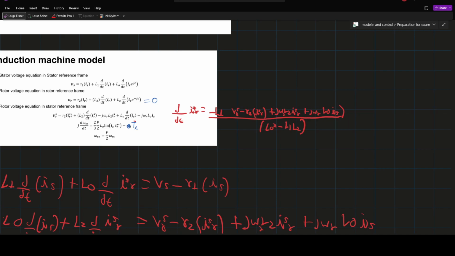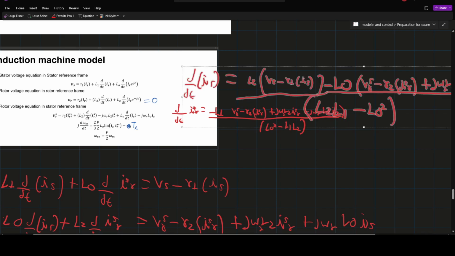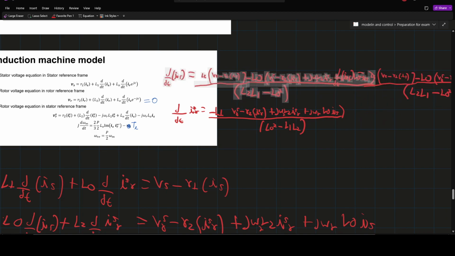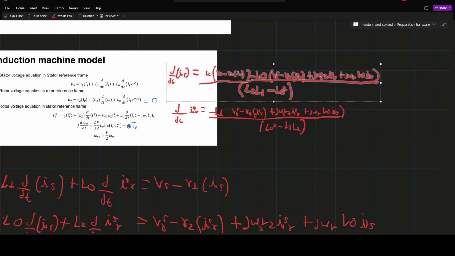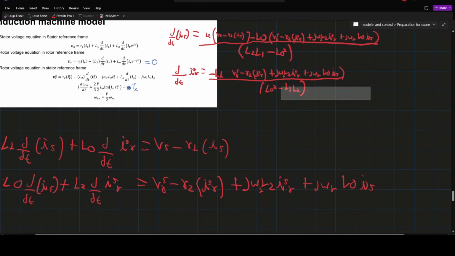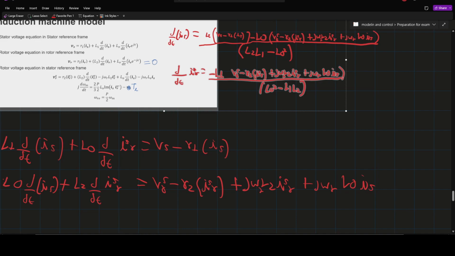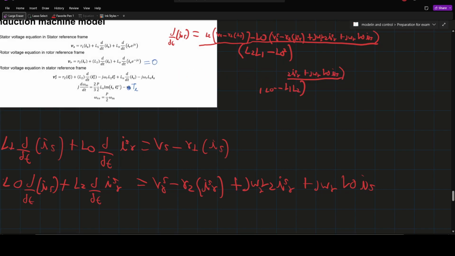So gonna clean this up. Paste it here. Okay. So if I made this mistake here, I probably made it for this one too. So I'm just gonna erase this to make sure that this equation is right.